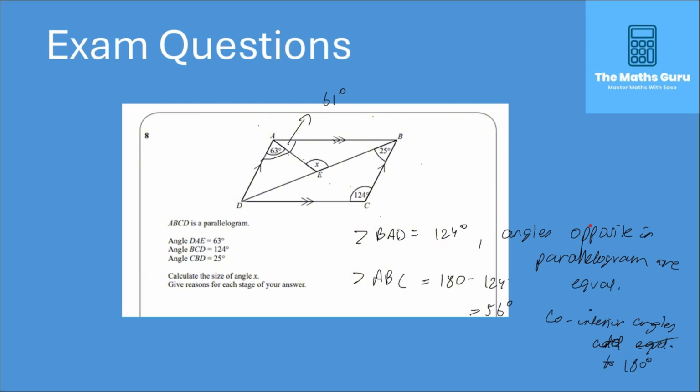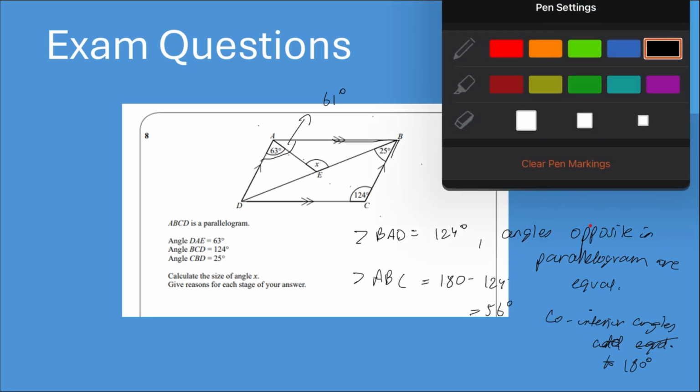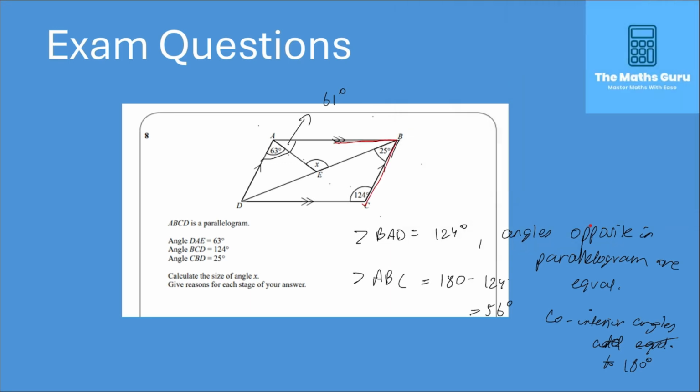And as you can see, we have our two parallel lines like so. Hence, we can say that these two angles add up to 180.